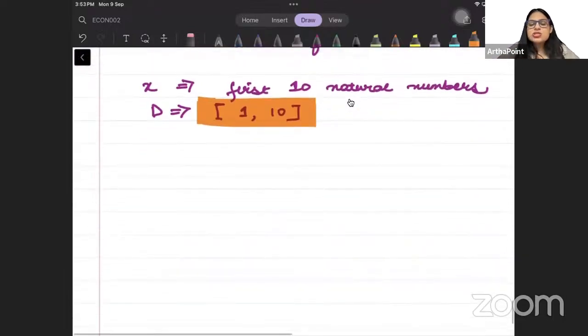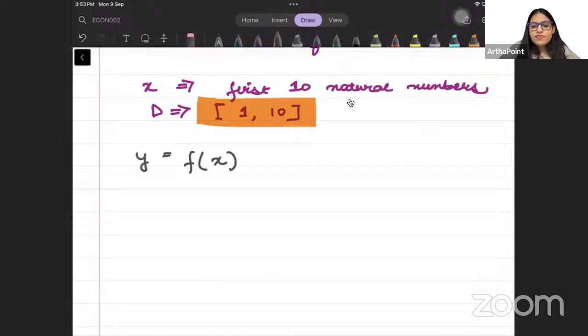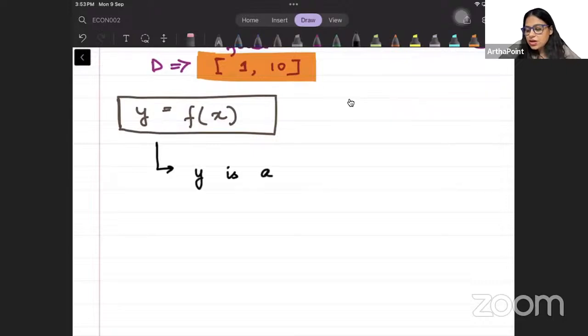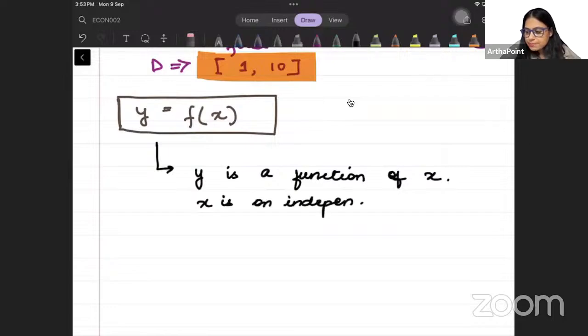So now let us try to again visit what the definition is saying. The definition is saying that I am creating a function of x. Suppose ये हो गया y. So how do we read this statement, बेटा? We are saying that y is a function of x. y x का function है. X is an independent variable.